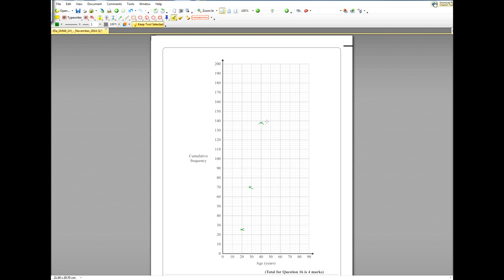And the next one is 50 is 175, which is up here. And the next one we have 60 is 186. And the next one is 70, which is 194. And the next one is 80, which is 200.